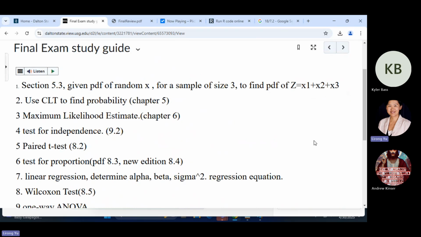Change the study guide question, and that way you don't have to study the first question on the example file. Instead, use your 5.3 homework as an exercise. And for that, you can also use the moment generating function. Oh, okay. Excellent.